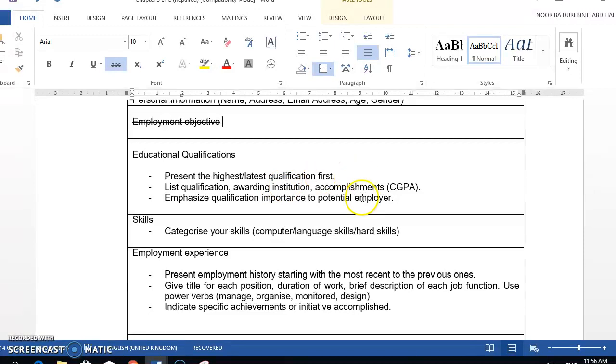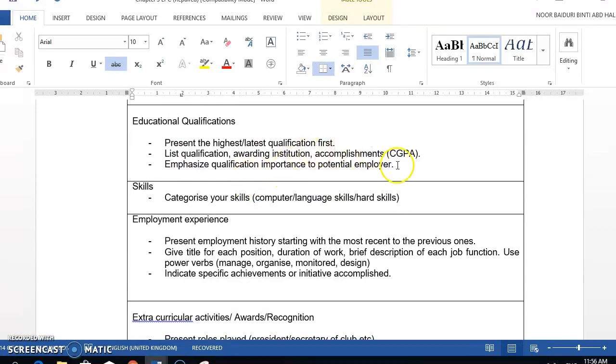Okay, you can include your accomplishments, your CGPA. If you're in your final year, what you can do is you can include your current CGPA. Okay, and then you can also indicate a few course highlights, so that you can emphasize the qualification importance to your potential employer. Okay, so you can highlight a few subjects that might be of interest for them.